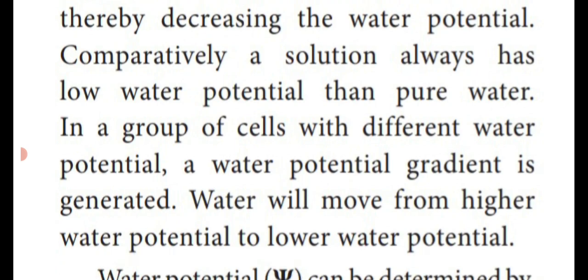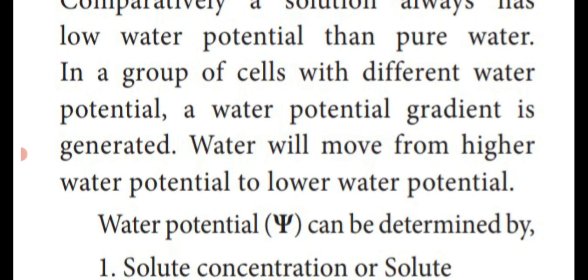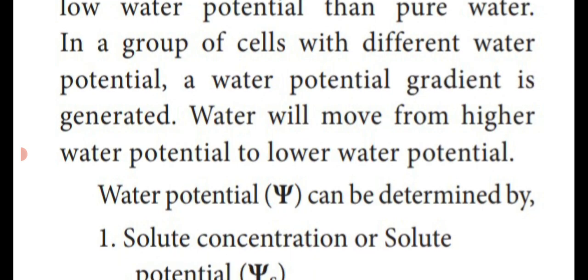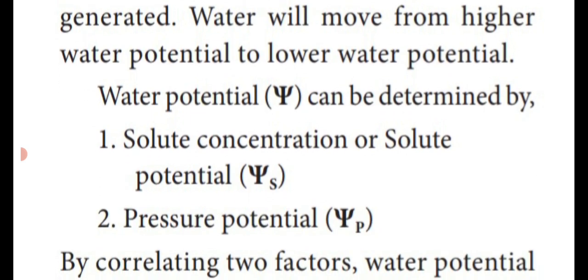For example, in a plant body, a group of plant cells with different water potentials generates a water potential gradient, because many cells are there in the plant body. At the same time, water moves from higher water potential to lower water potential.